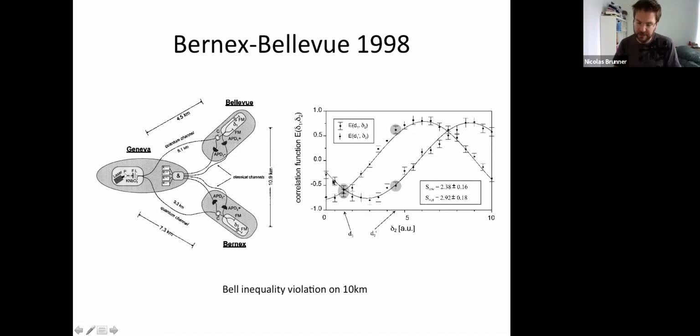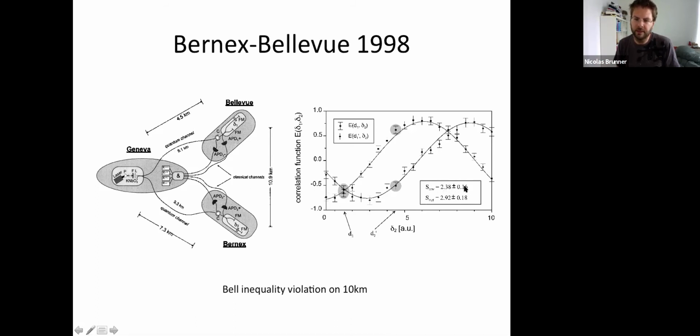And so here you see the result of this experiment. It's again shown as a sort of sine-shaped curve. But again, the important thing is the Bell violation, right? So this S is again the CHSH value. The limit for local models is 2. And you see in this experiment, they had a very nice violation of this inequality, 2.4.